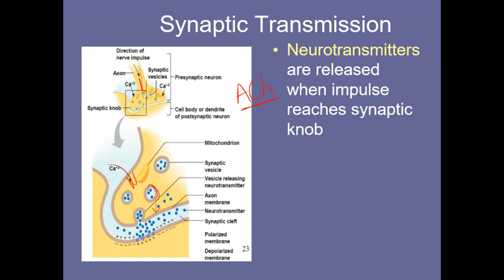They cross, they bind to little proteins on the opposite cell membrane. That would be the postsynaptic membrane right there. And then it's going to respond to those neurotransmitters. So still the same thing that we talked about with muscle, action from the nervous cell. There's still neurotransmitters, and it doesn't have to be nerve cell to muscle cell. It can be nerve cell to nerve cell or any other cell on the other side, as long as it responds to those neurotransmitters.